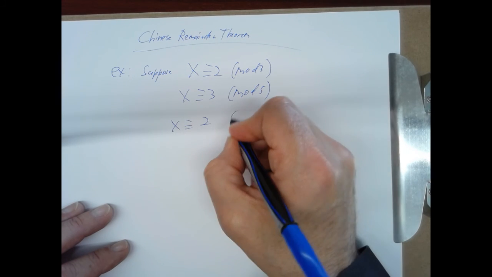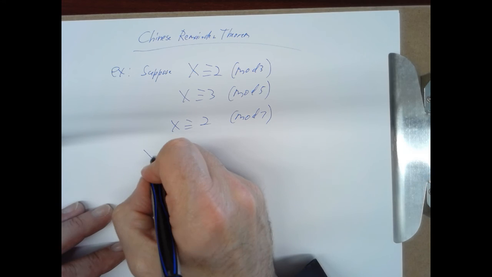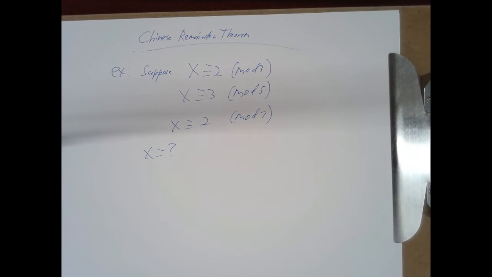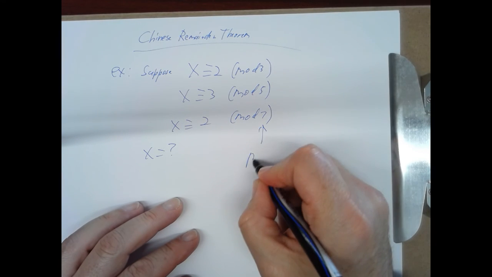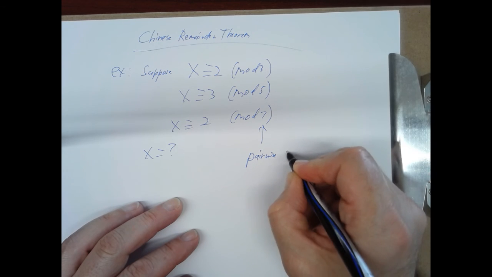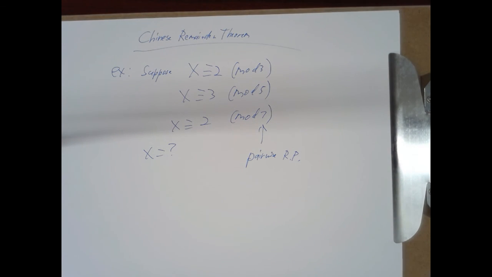And x is congruent to 2 modulo 7. Can we find a value x which satisfies all three of these equations simultaneously? And it turns out the answer is yes, provided that these moduli are pairwise relatively prime. So 3 and 5, 5 and 7, and 3 and 7 are all relatively prime. Given that, we can always find a solution, x, to this system of equations. And I'm not going to go through that algorithm, but believe that there is a way to solve this.